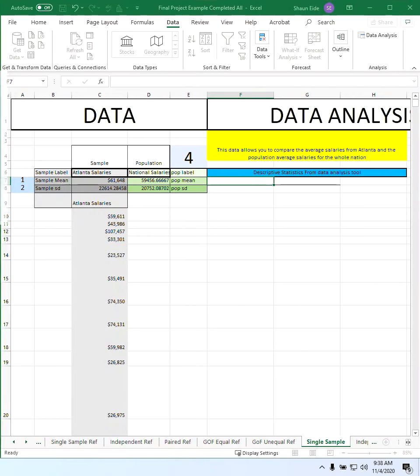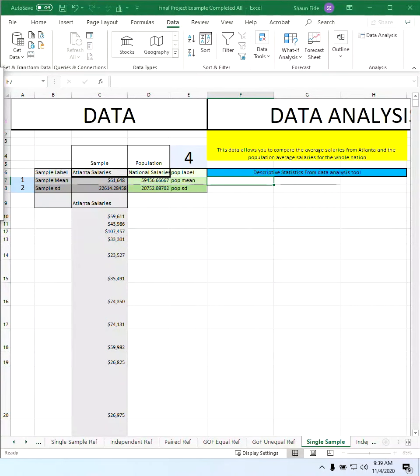This is very important. I want the confidence level for the mean. If you have an alpha of 0.05, you want a 95. If you have an alpha level of 0.01, then you want a 99% confidence level. If you have an alpha of 0.1, you want 90.